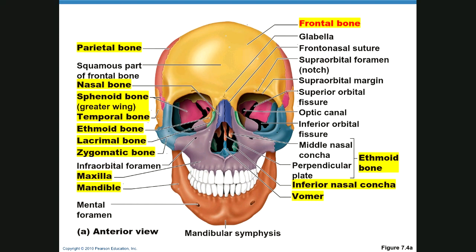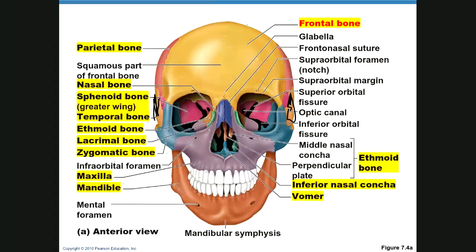Again, a frontal view of the skull. You see the frontal bone up here. You see a little bit of the sphenoid right here. The temporal bone is this yellow one that you can see peeking from either side.